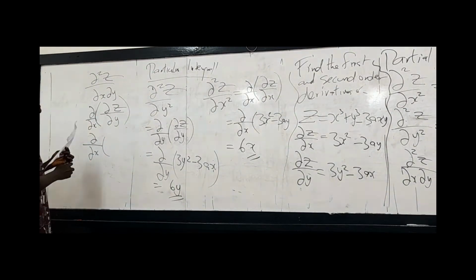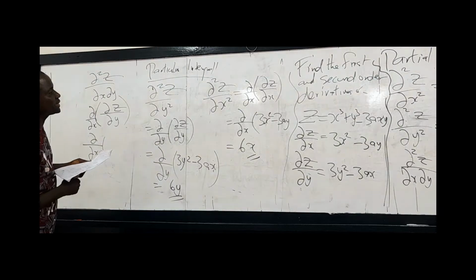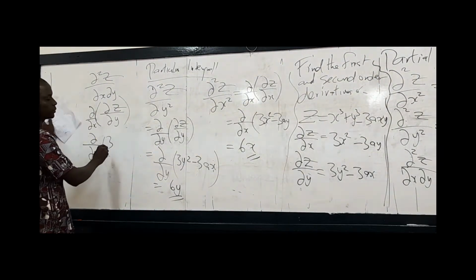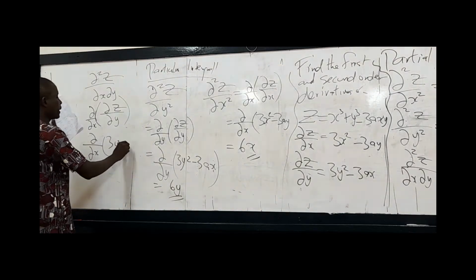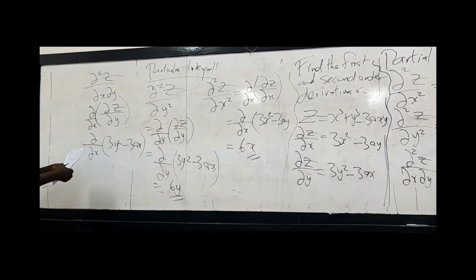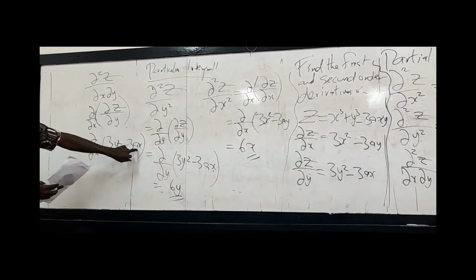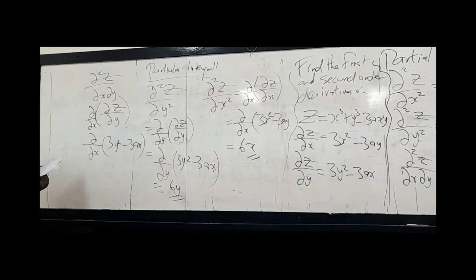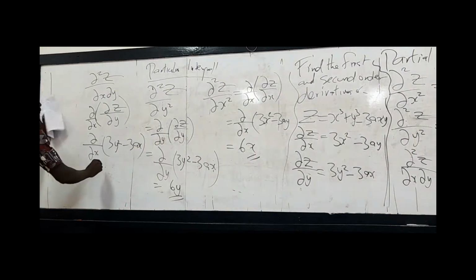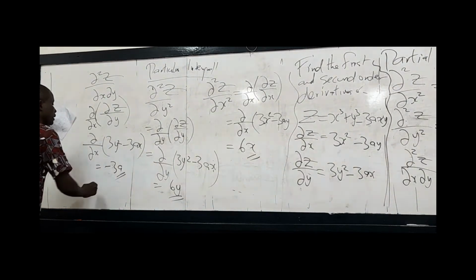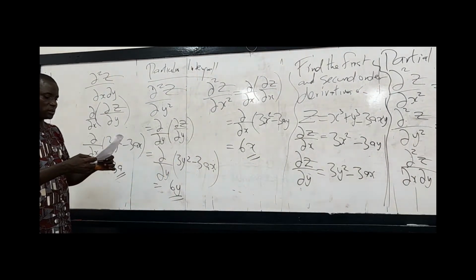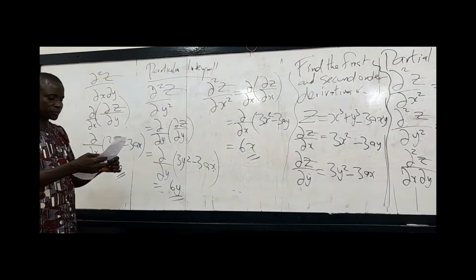I can get it from there: 3y squared minus 3ax. Now, because of this, it is telling you to differentiate with respect to x. So here, this one will go off, and it becomes negative 3a. And that is it, exactly. So you have to take note as such.